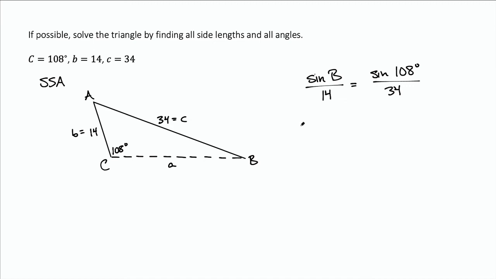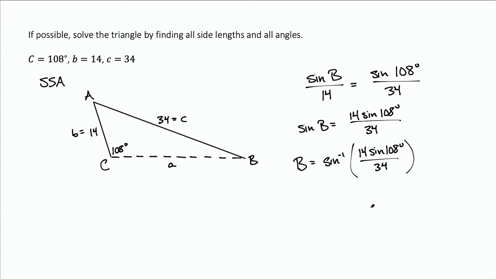So we multiply both sides by 14. We have sine of B equals 14 sine of 108 over 34. We can do the inverse sine to get the angle B. So sine inverse of 14 sine of 108 over 34.